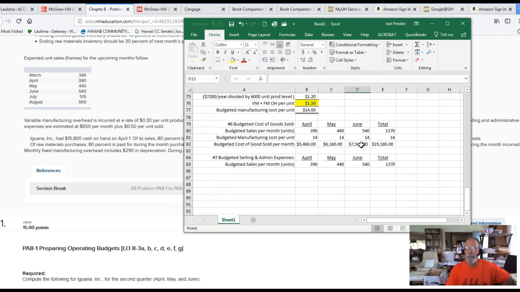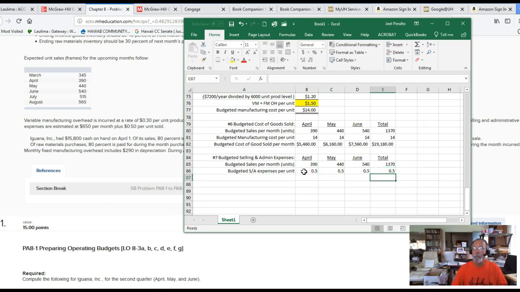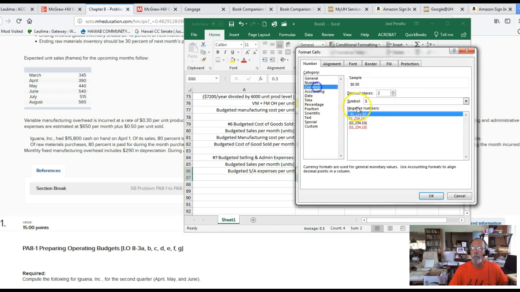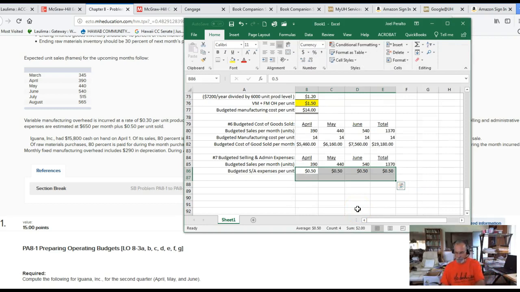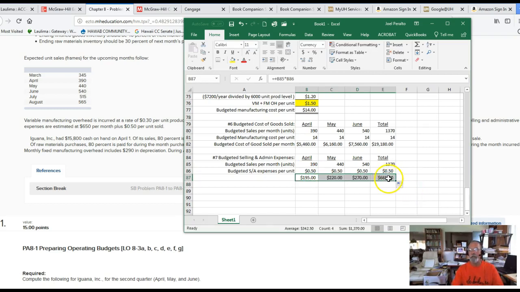So we got 50 cents per unit. So we should multiply that out. It's a subtotal. 685.